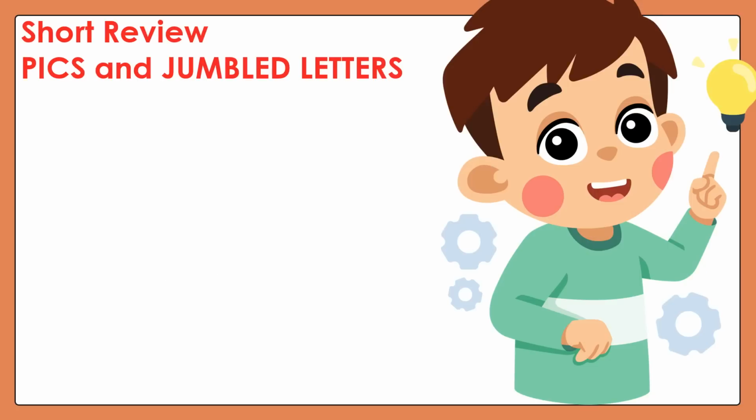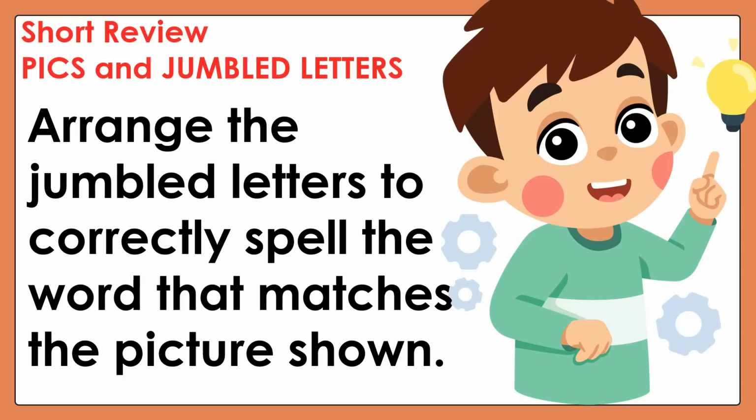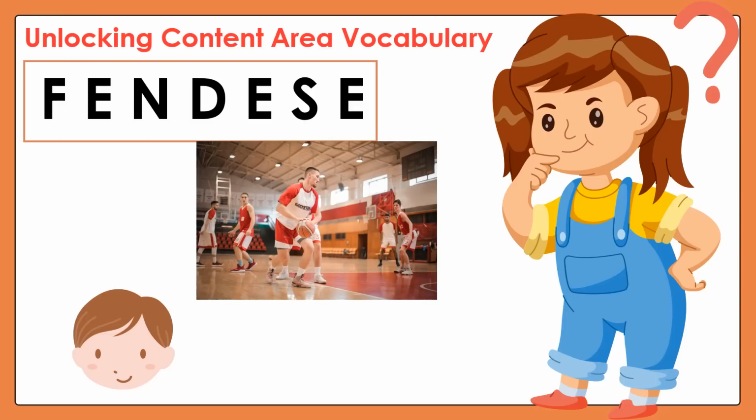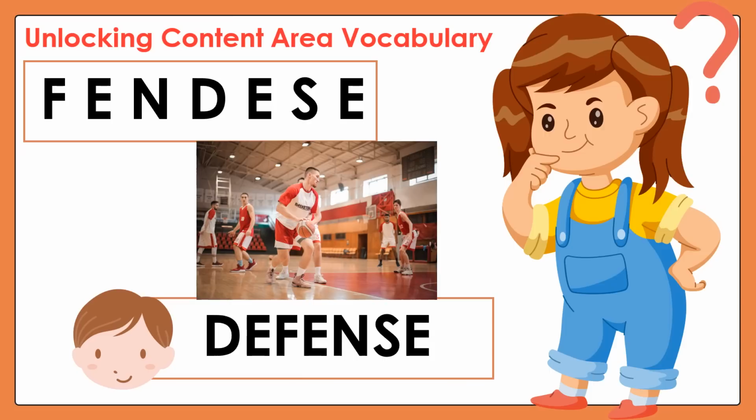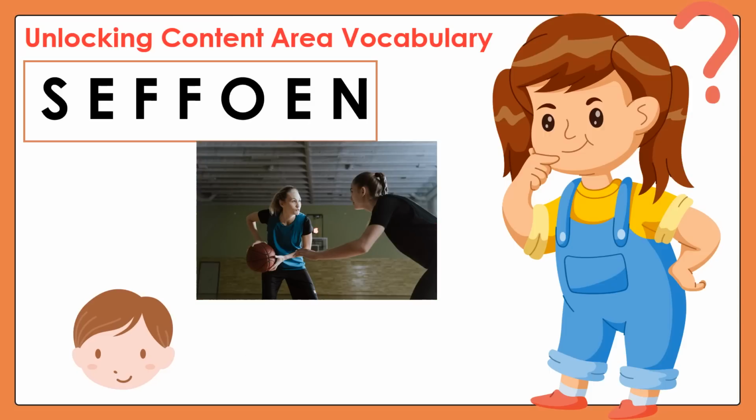Pics and jumbled letters. Arrange the jumbled letters to correctly spell the word that matches the picture shown. First picture. The correct answer is defense. Second picture.